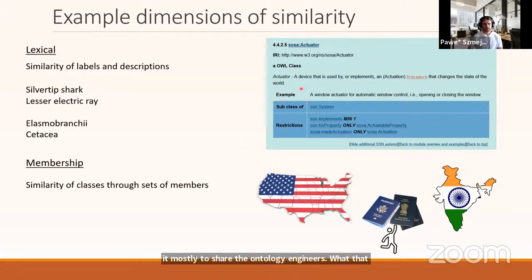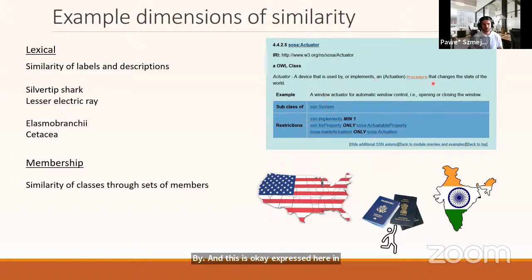So here on the right, we have an example from the SSN ontology, which is the ontology used to describe IoT systems and devices. An actuator, as the description states, is a device that is used by or implements an actuation procedure. Now, this part may easily be modeled, and in fact, it is modeled in the ontology. We have the entity of a procedure, we have the additional type actuation procedure, and the relationship of being used by or implemented by.